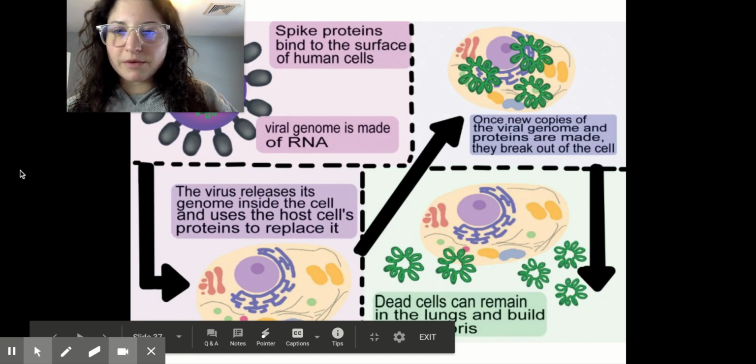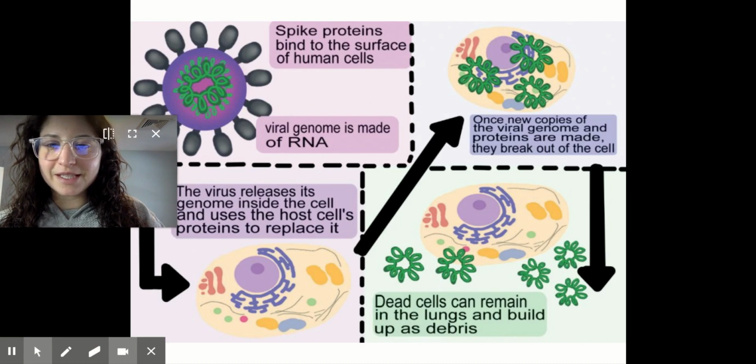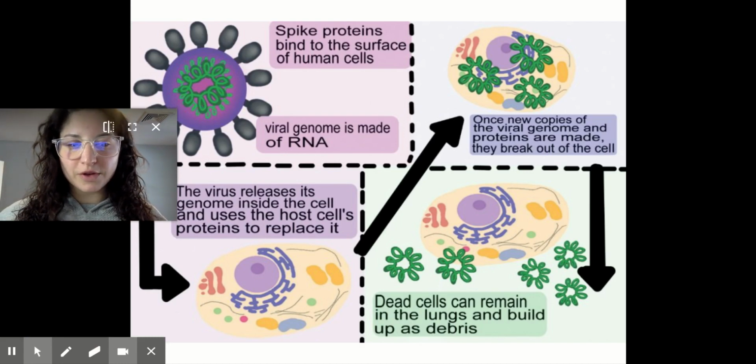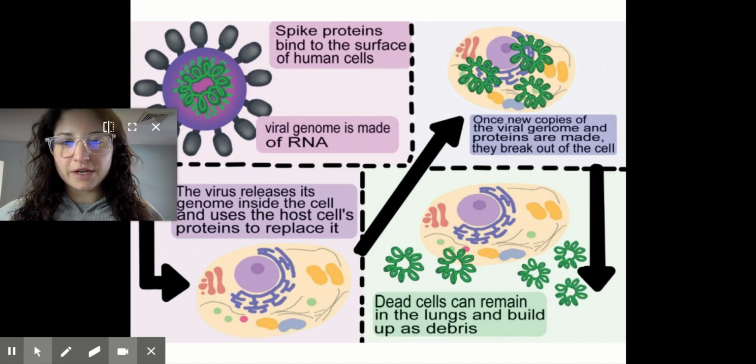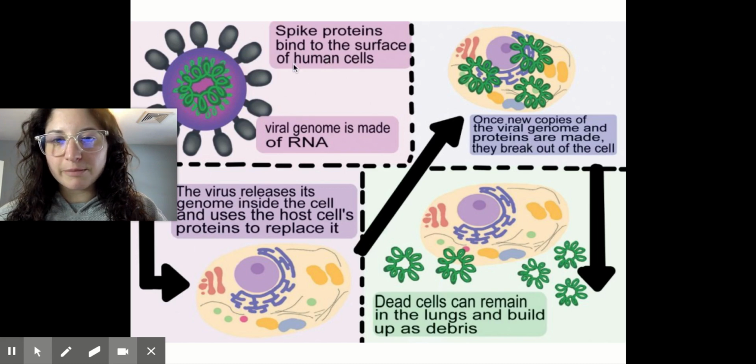So this diagram right here, if I can get my face out of the way, is like an overview of how the retrovirus works. So we start with the spike proteins that we talked about, the glycoproteins binding to the surface of the human cell, so to the cell membrane.